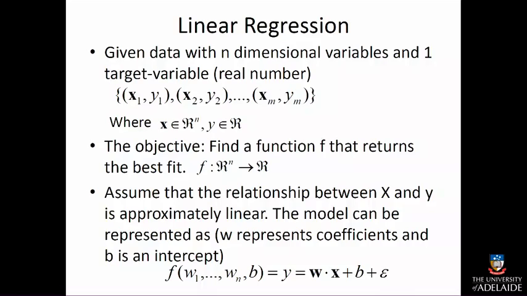So the model is W transpose times X plus B. This is exactly the same as the linear classifier. And W and B are the parameters that we have to estimate. The data points, except that y is a real value. Again, it's the same as binary classification.